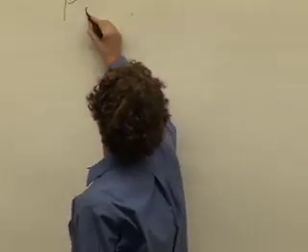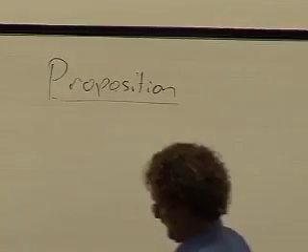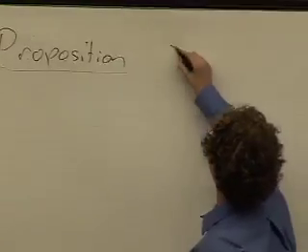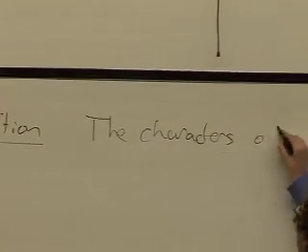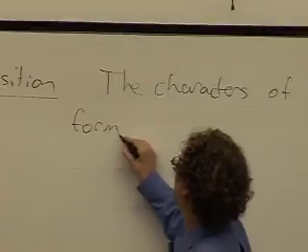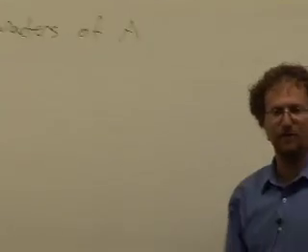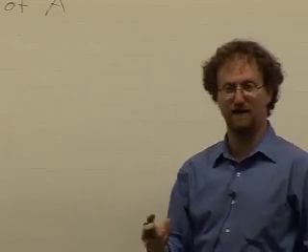This is a relatively straightforward statement: the characters of A, first of all, you can multiply characters by pointwise tensor product, and you can also parameterize them nicely algebraically.